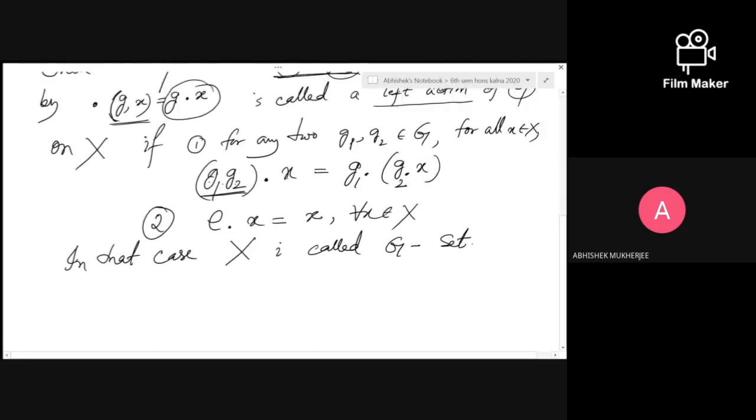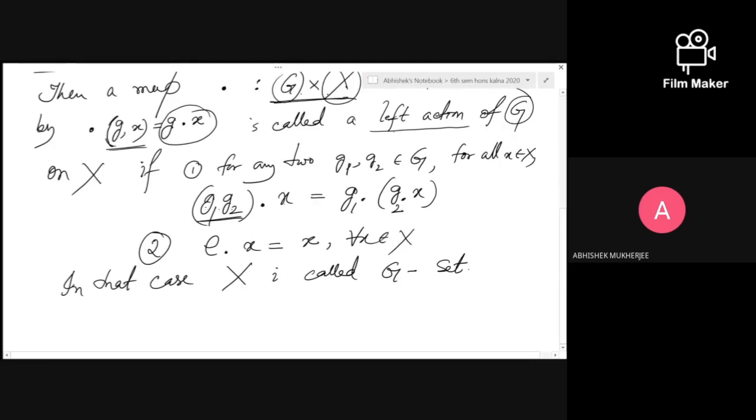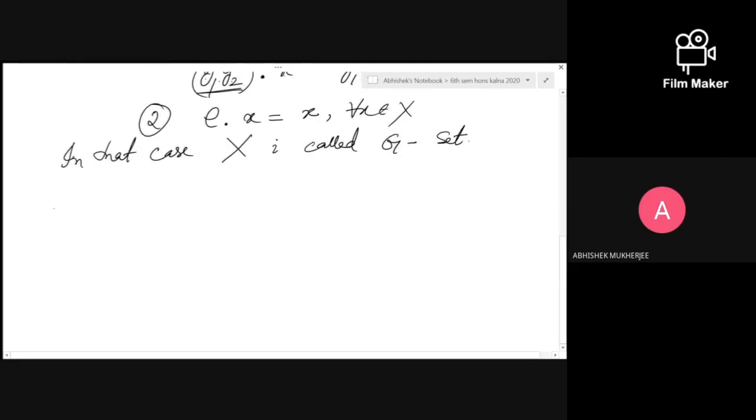In a similar way, we can define the right action of G on the set X, in the same manner.